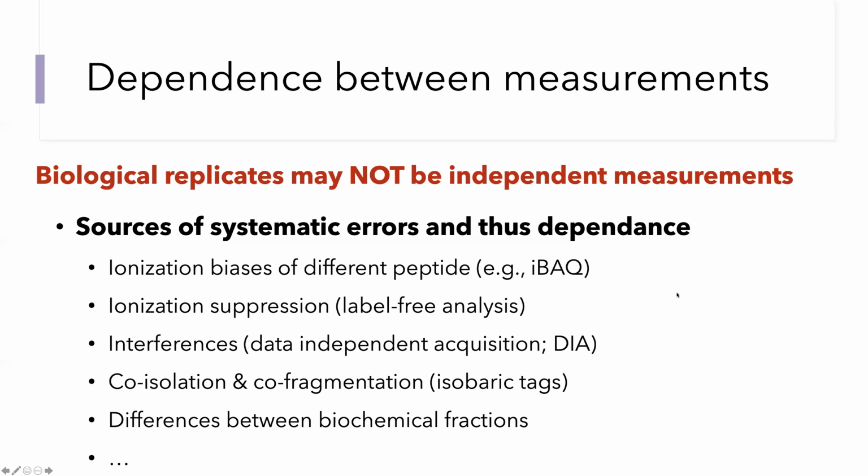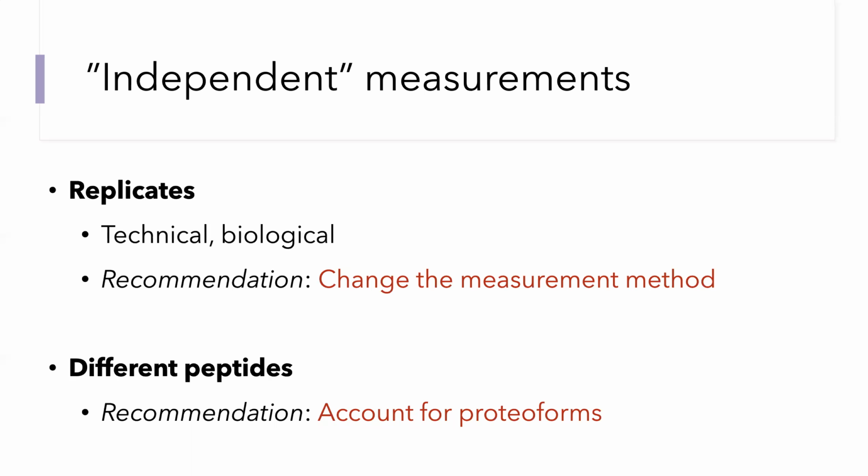And there are very many other possible systematic errors that are not included in this list. This is just a short sampling to emphasize the need to consider the possibility that your measurements are not independent.